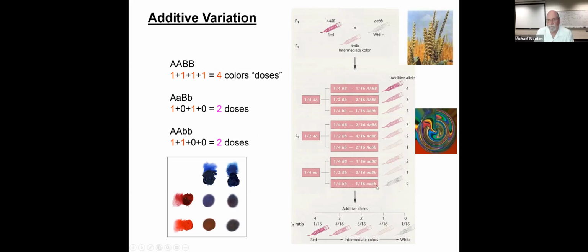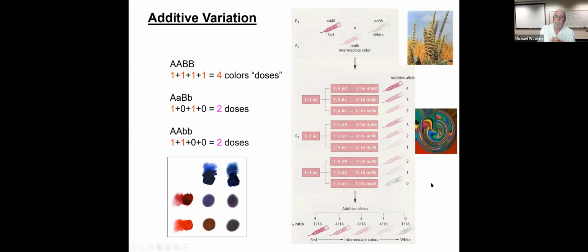So an individual, as you can see here, that's got little a, little b gets no dose of color. Everybody like that. Anybody that can get 1 allele, okay, gets 1 dose of color, right? So that could be big A, little b, it could be whatever. You get 2 doses. So you can see all the different doses of color, and these are just how many things. That's the additive component, right?